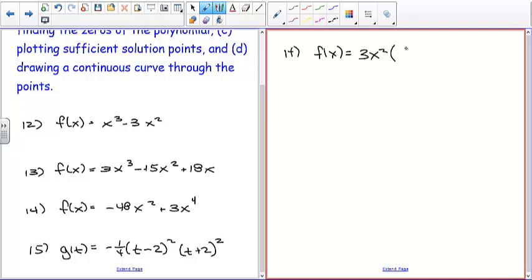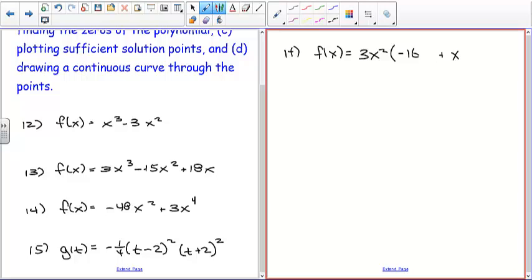Is that right? 48 divided by 3 is 16. Okay, so we'll get negative 16.